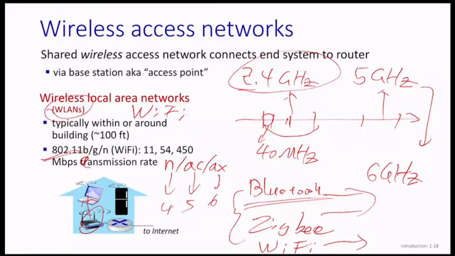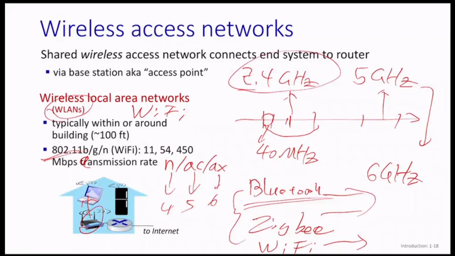Bluetooth and Zigbee just connect one device to another, for example a smartwatch to a smartphone, to provide some limited transmission. Why do we still use Bluetooth and Zigbee? Even though they have limited speed and short range, they also have very small energy consumption.